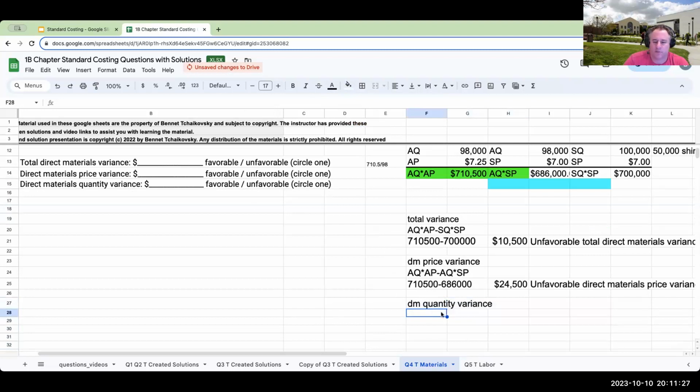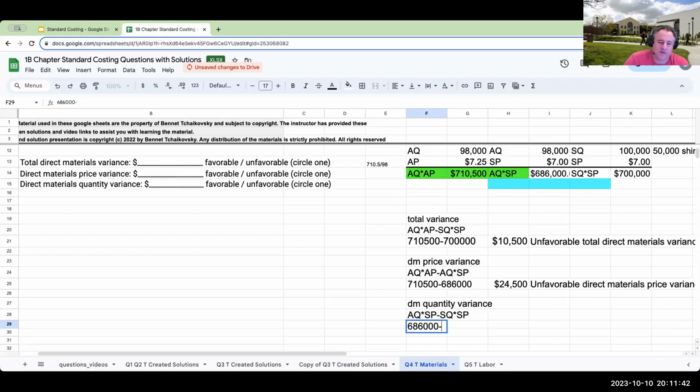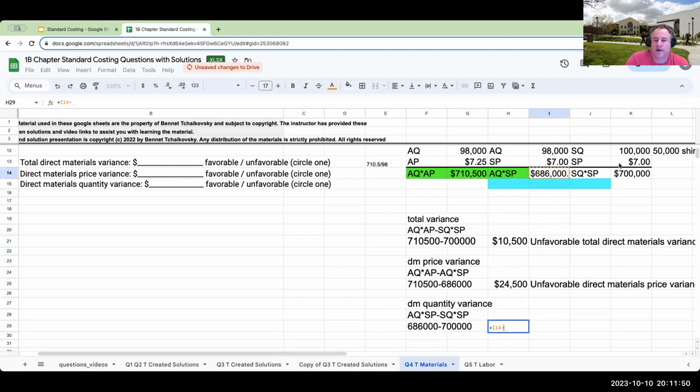So right over here, this is going to be AQ times SP, Aquaman, Spider-Man, minus SQ times SP. Hopefully that will get everybody to learn this once and for all. So we got over here, thank you, Connor, 686,000 minus 700,000.